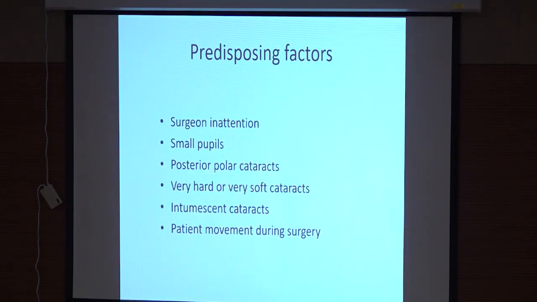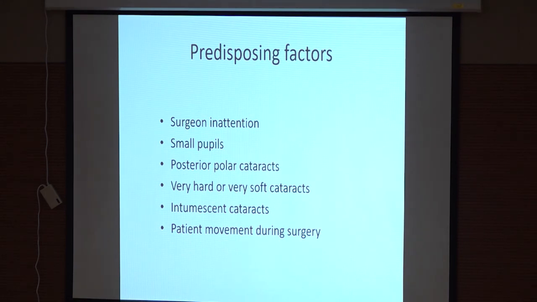Now, what are the predisposing factors? I've kept the first one, and I think that's the most important, is surgeon inattention. When you are concentrating on something else and not noticing what else is going on in the eye is when you actually land up with a problem.